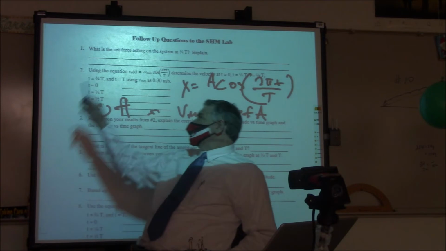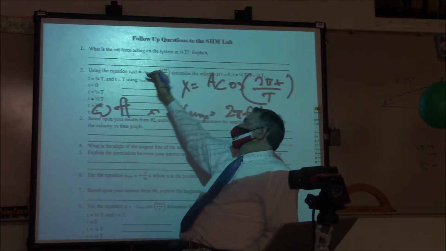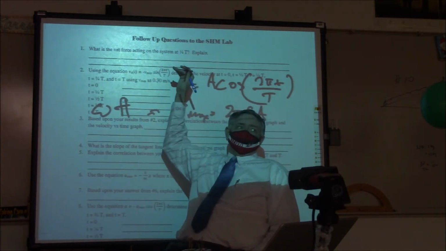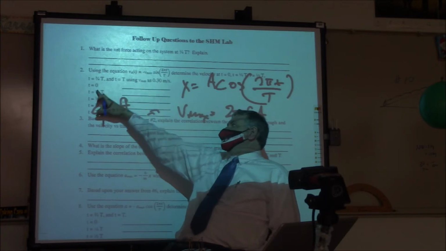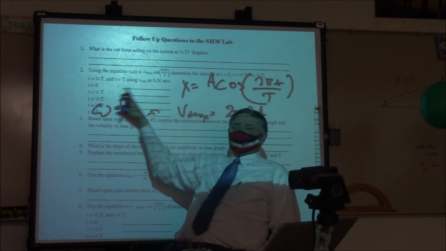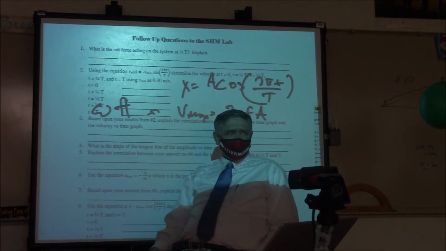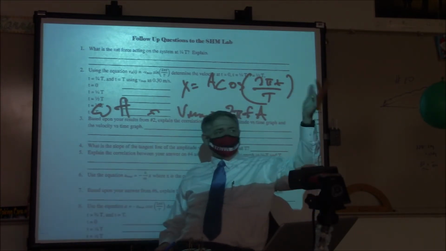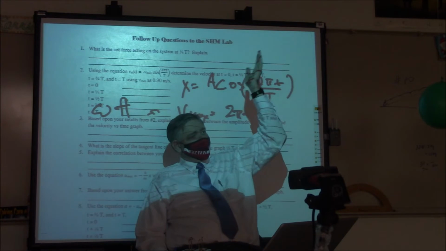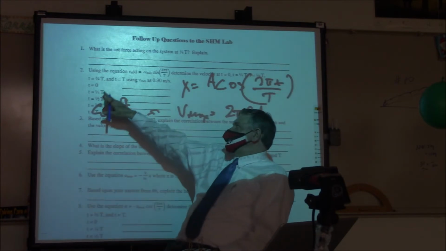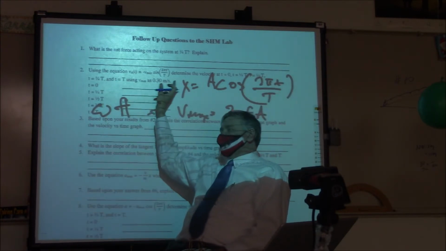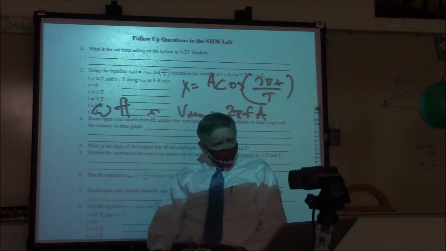So when little t equals 0, you're taking the sine of 0, which is 0. Your velocity at time 0 is going to be 0, which is why your velocity-time graph starts at 0, and why your position-time graph has a tangent line slope of 0.